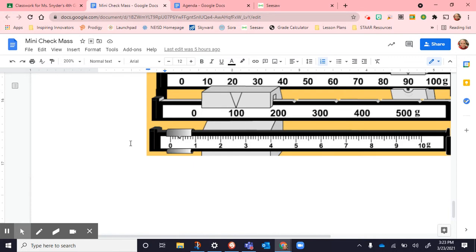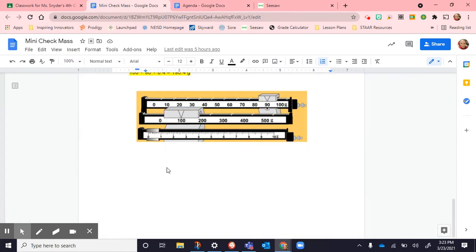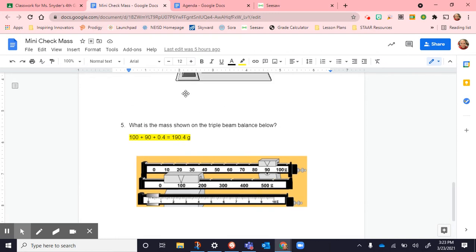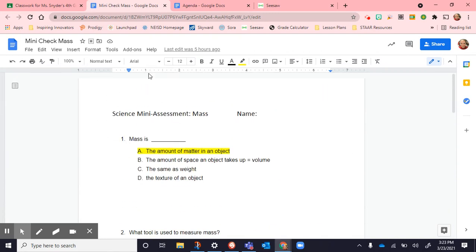That's just like a number line. So apply your awesome math skills there, and then you add up the three amounts to get your final balance, or what the balance shows. And then make sure you put the grams, the lowercase g, on the end to show that we're measuring mass in grams. All right, so that was that.